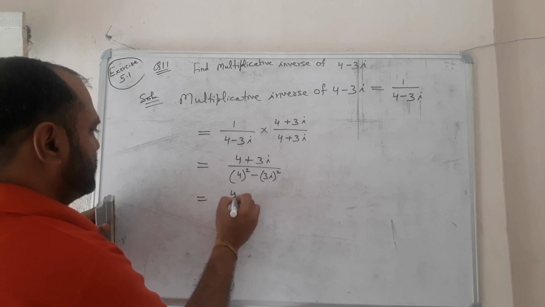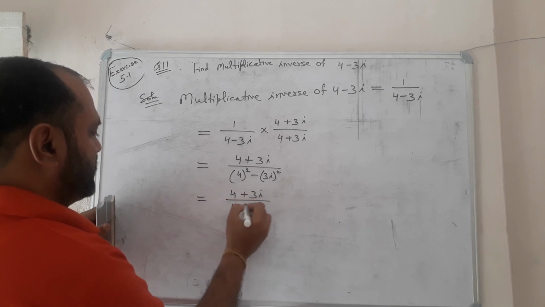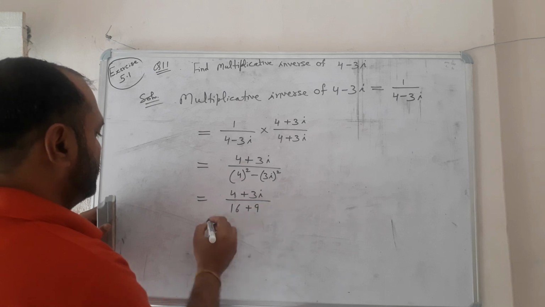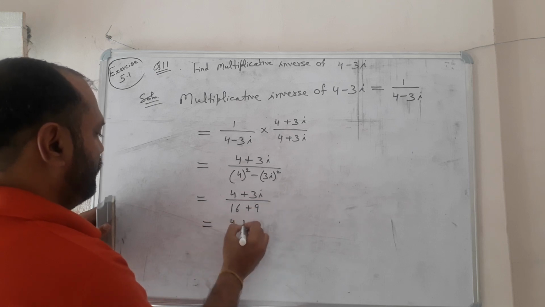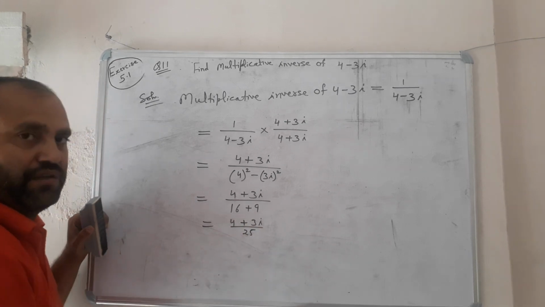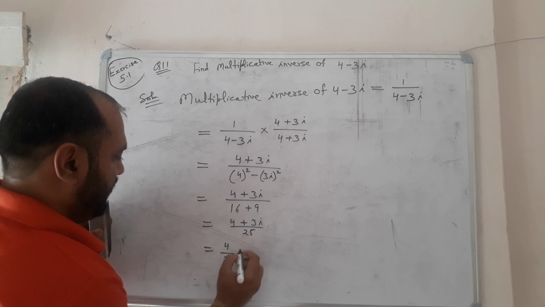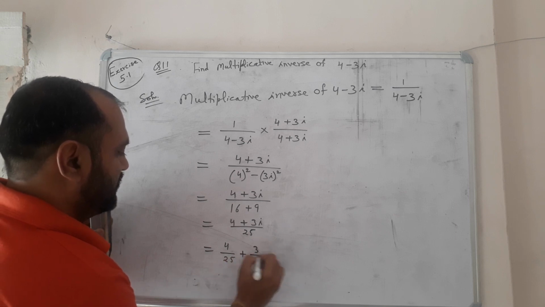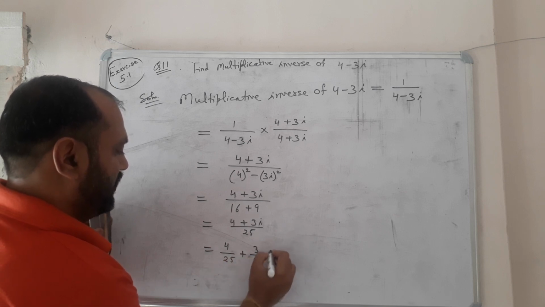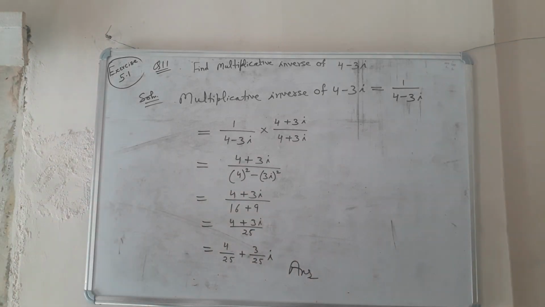So this becomes 4 plus 3 iota over 16 plus 9, that is equal to 4 plus 3 iota over 25. When you separate them, we have 4 upon 25 plus 3 upon 25 iota. This is the right answer. Clear?